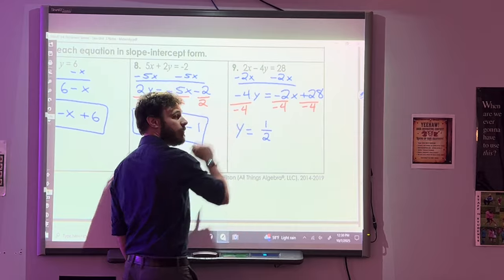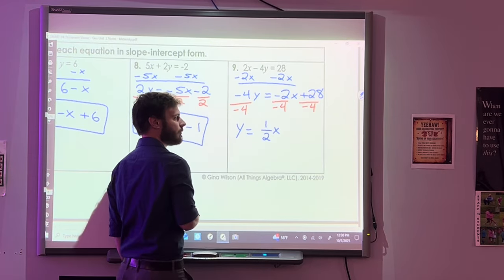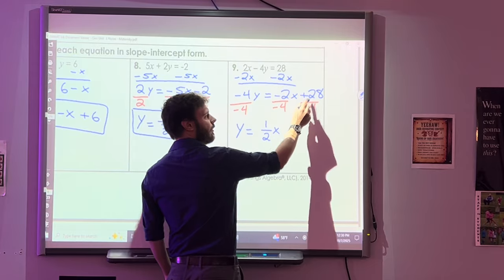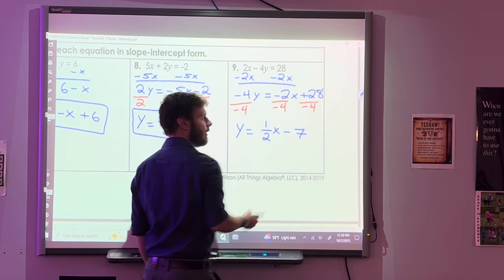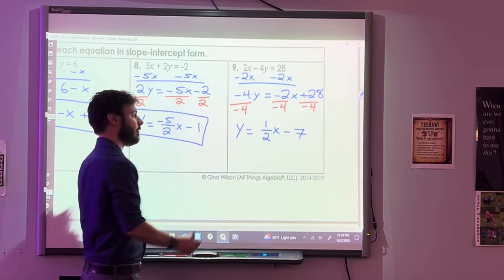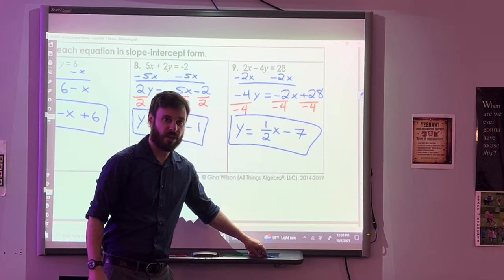And a negative divided by a negative makes a positive, so it's going to be positive 1 over 2. 4 and 28 is going to go in there 7 times, and a positive divided by a negative is a negative. So my y-intercept there is -7, and my slope is 1/2.